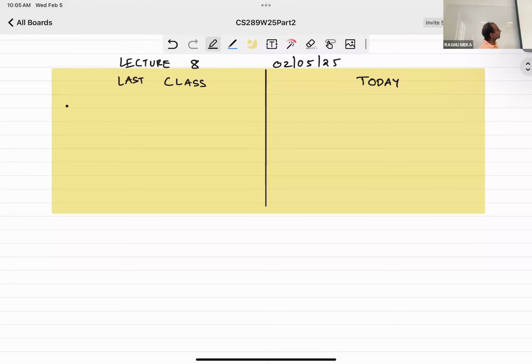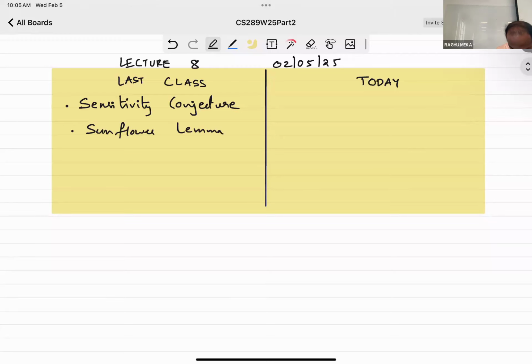Okay, so last class we talked about the sensitivity conjecture. And we kind of finished our segment on spectral graph theory, and we started a new topic, which was the sunflower lemma.